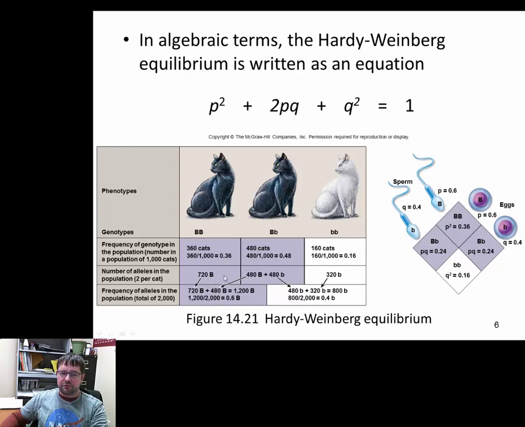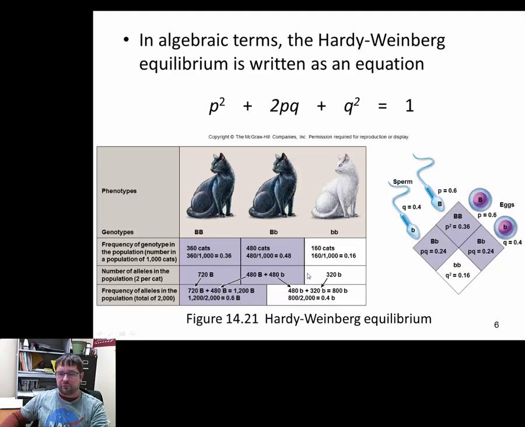Okay? So then if you're interested in trying to figure out what the frequency would be if the population was 2,000, then you can add the number of cats you have here together. Okay? So 720 plus 480, or 1,200, and divide that by 2,000. So your frequency of dominant characteristics in a population of 2,000 should be 60%.